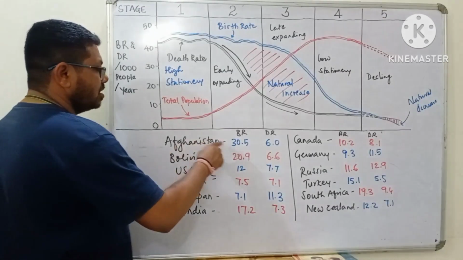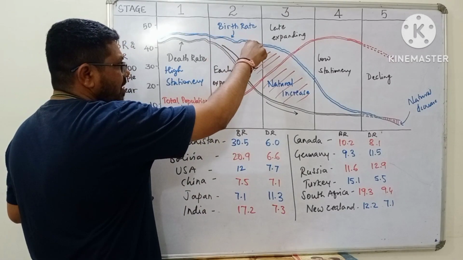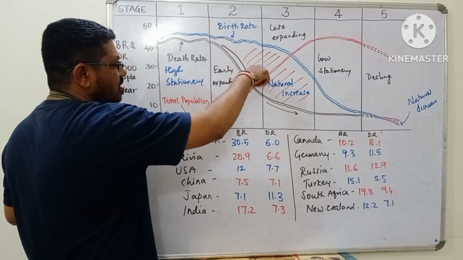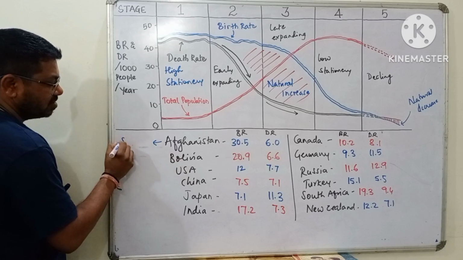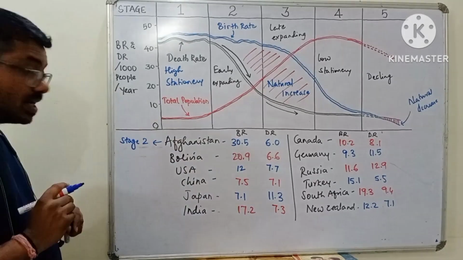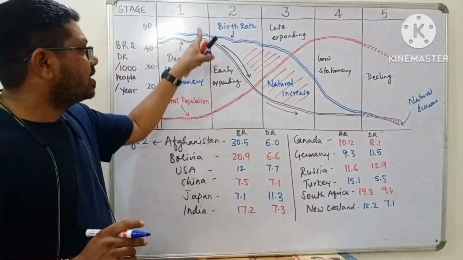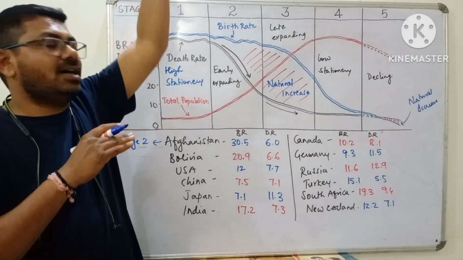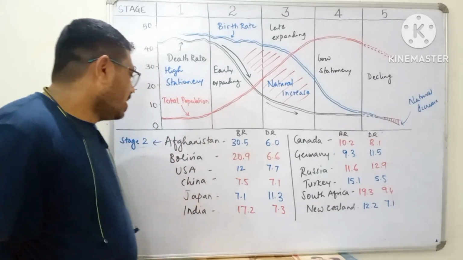So the death rate is falling in Afghanistan. Can we put Afghanistan in stage 2? Birth rate is 30.5, death rate is 6.0, so death rate is falling rapidly, birth rate is still high. Afghanistan is in second stage, meaning it is an LEDC.